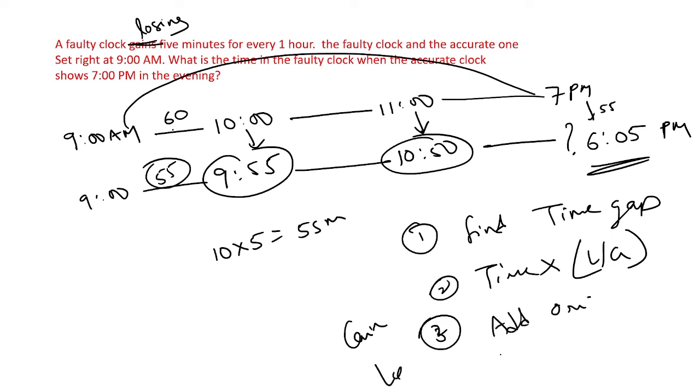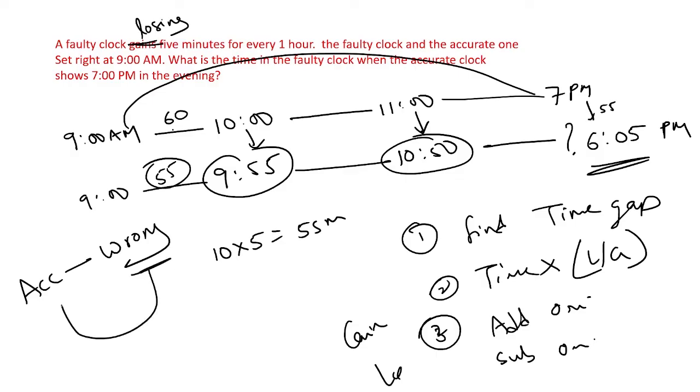If it is losing, subtract the time from the original one and you will get your answer. This process can be applied when you know the accurate time and you want to find out the wrong or faulty time. But if you know the wrong time and want to find out the accurate one, that's what we are going to do in the next problem.